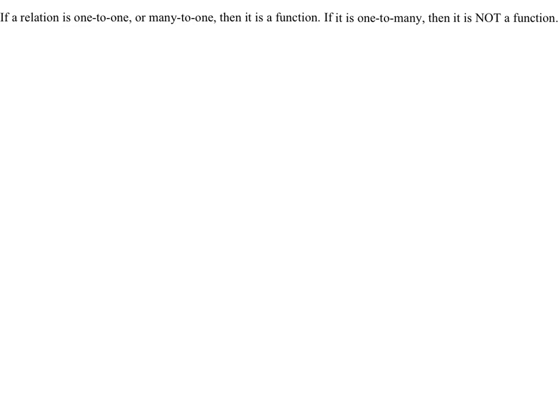Another thing I want to mention to you guys, the term one-to-one. If a relation is one-to-one, that just means each x has one y, or many-to-one. So I could have many x's with the same y value. That means like this has this y value, and this has the same y value, and this has the same y value.